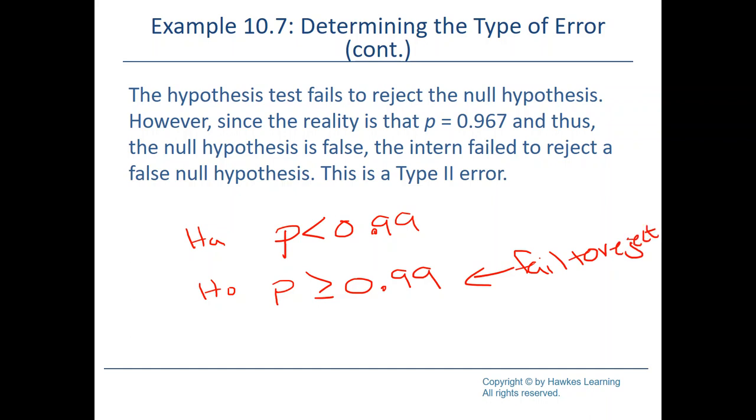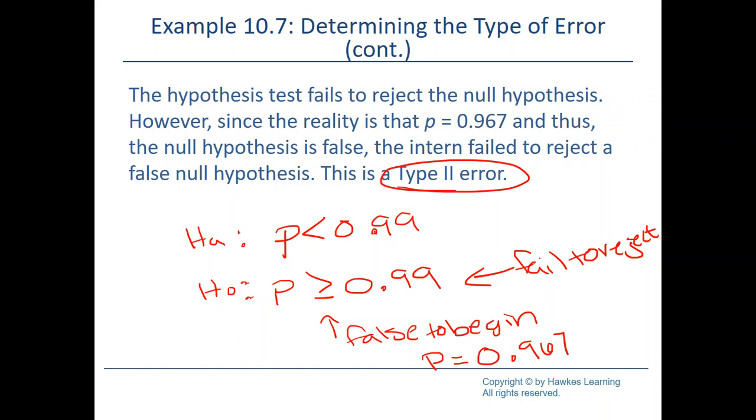And it's always the null when we fail to reject or reject. It's always in reference to the null. Okay? So since we failed to reject this, but we just learned that this is false to begin with, because we just said P actually equals this. So since this is false to begin with, and we failed to reject something that was actually already false, that's where our type 2 error comes in.